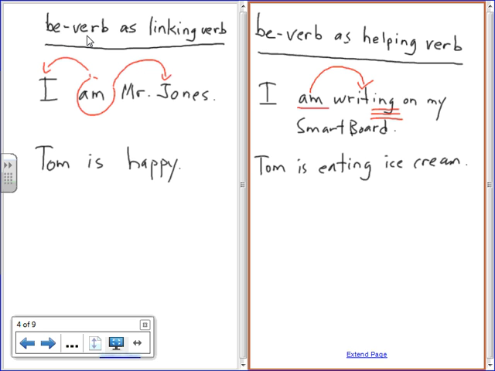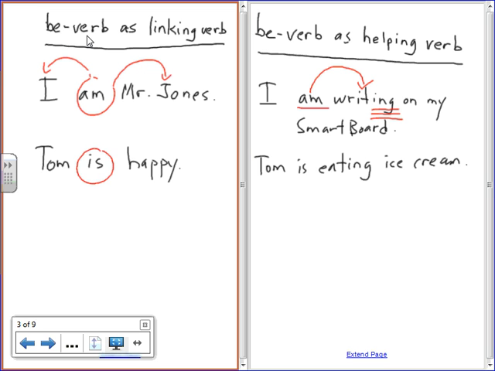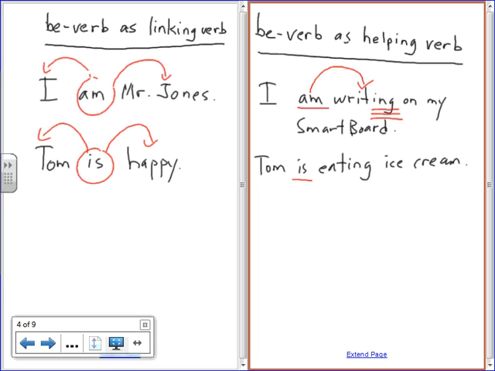And you see how in the first sentence on the left, it is linking the subject to an adjective, whereas over here on the right, it is accompanying or helping a verb ending in ing.